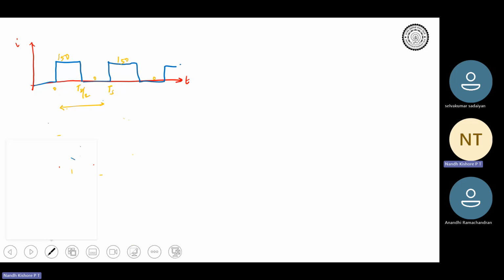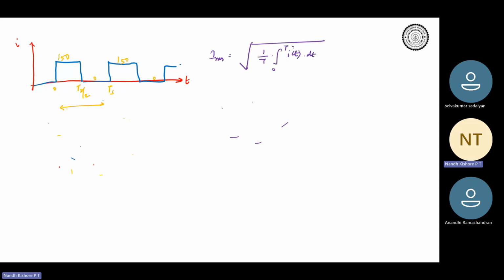So the RMS is going to be root over 1 by T integral 0 to T of I of t square dt.